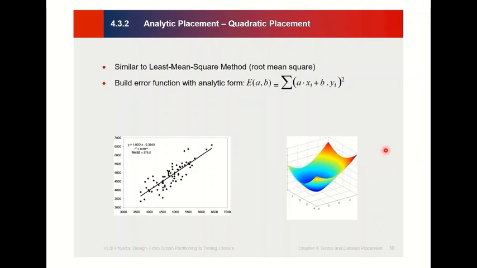This problem is similar to the least mean square method, root mean square method, which is graphically shown here. That optimization function, that L optimization function, will have a minimum here only at one solution space.